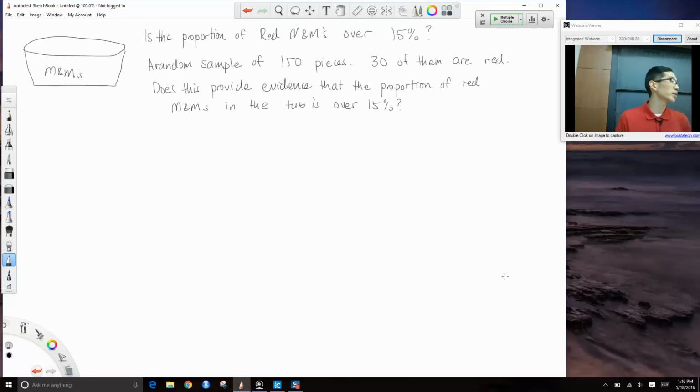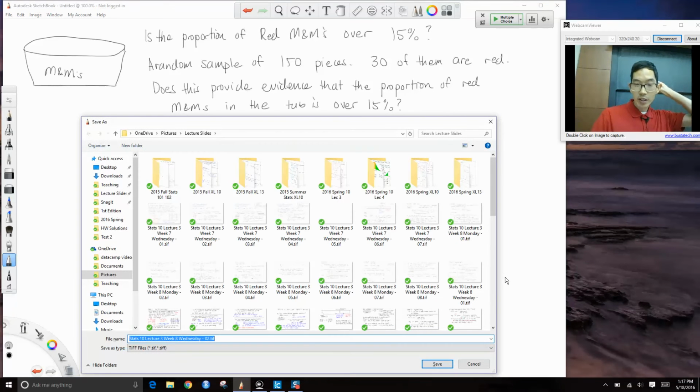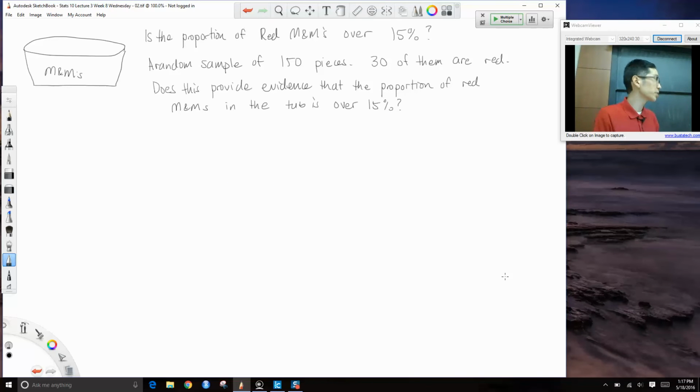At this point, we haven't done any math, but there's a couple scenarios here. One is the proportion of red M&Ms in the tub is actually 15%, and because of random chance, we happen to get a sample where 30 of them ended up red, where over 15% ended up red.